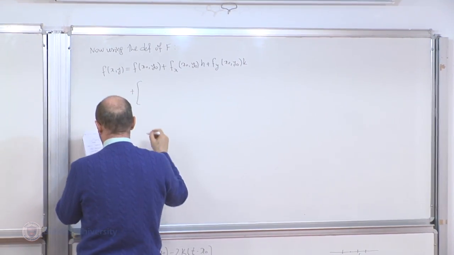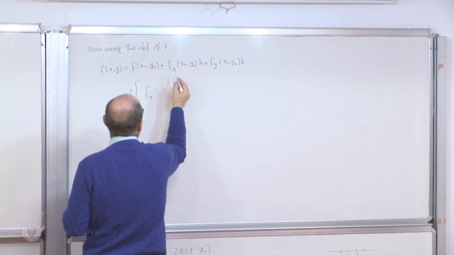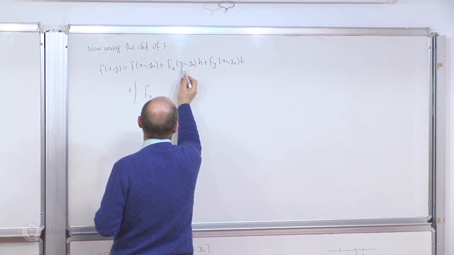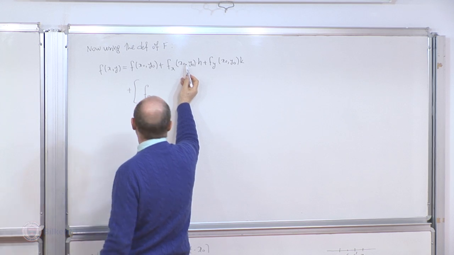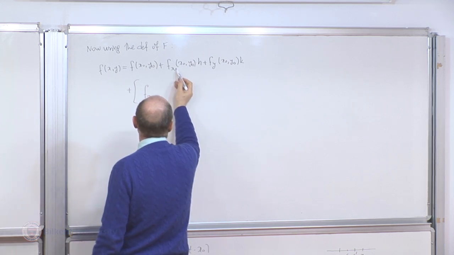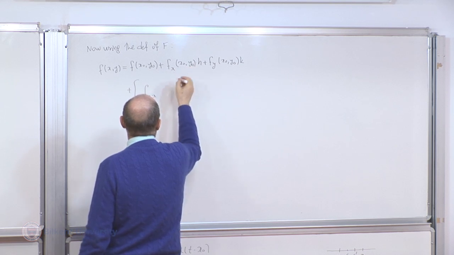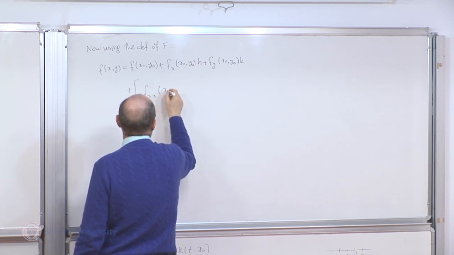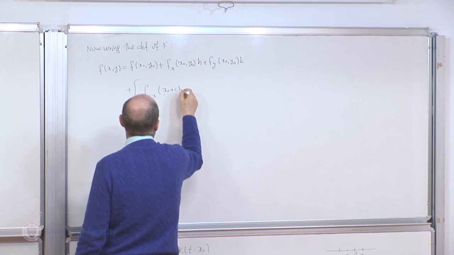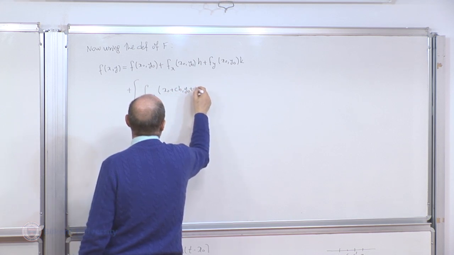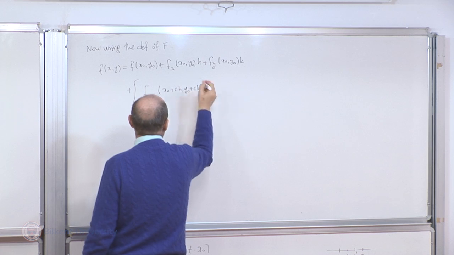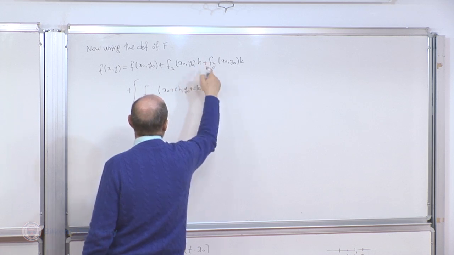Inside here I have x sub 0 plus th, so I'll take the derivative of this with respect to x, and then evaluate the inside at t equals c. I'll have x sub 0 plus ch, y sub 0 plus ck, times h, and I have another h here.